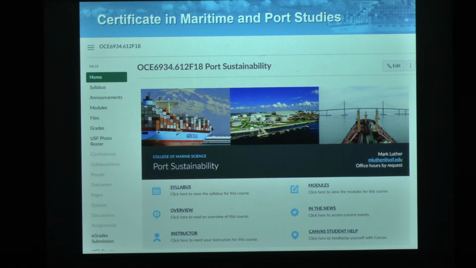I'm not sure what the cutoff time is, but it's all online except for a field trip to the Tampa Port Authority. This is meant to be the introduction to a certificate program in maritime and port studies, working with people in other colleges who are teaching courses related to how ports operate, things like supply chain logistics or cybersecurity or disaster response.